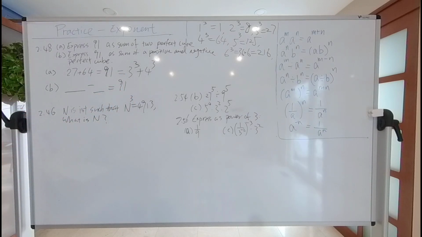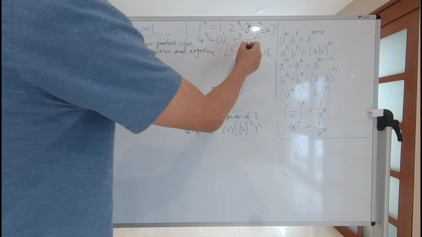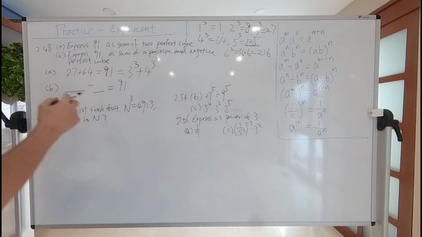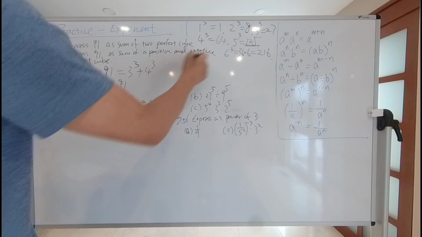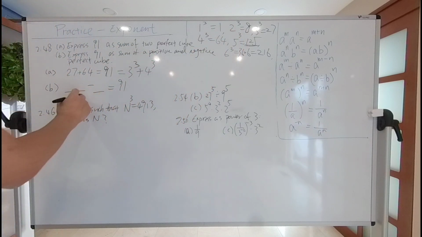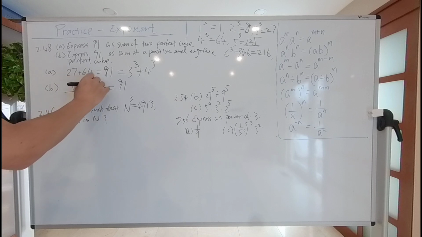Which means we would first definitely need to choose a number greater than 91. So we can start trying the first option, which is 125. Because if you want one number minus another number to equal 91, the first number must be greater than 91.